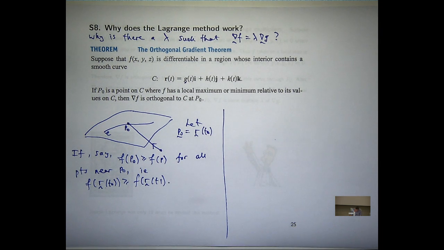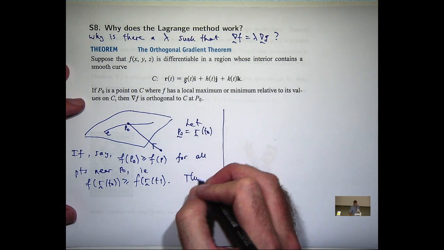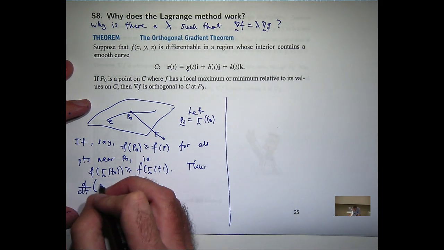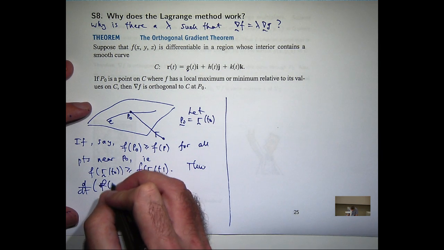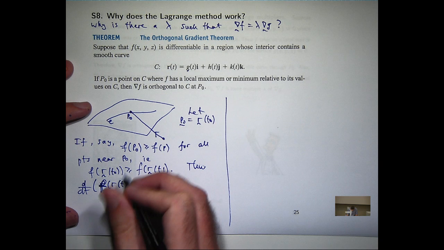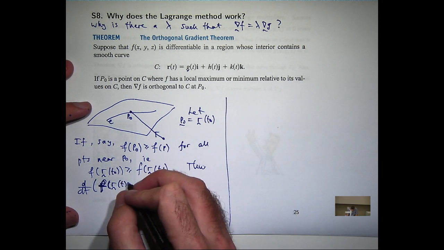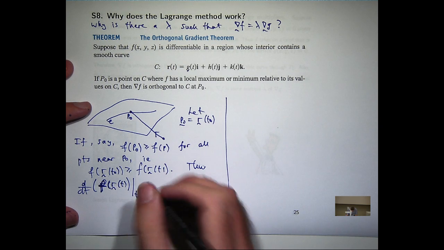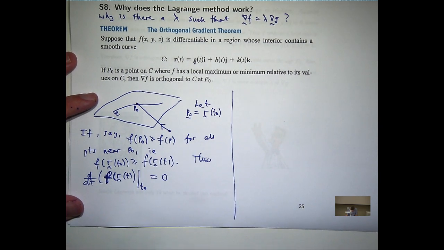Now, if we have a local max or a local min, and I've got this parameterization going for functions of one variable, t, what's the derivative going to be at a local max or a local min point? Derivative's going to be 0, right? So the derivative of f, okay, so that's an f here.